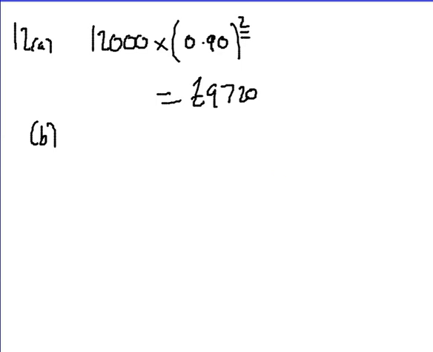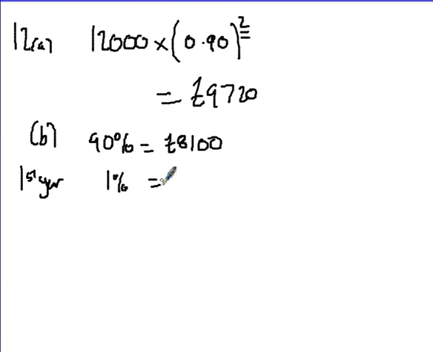Well, you'd say originally, or how it started, that was 90%, and that was £8,100. So to get back to 100% after the first year, you would divide by 90, which gives you £90, and then times by 100, so it's back to £9,000.